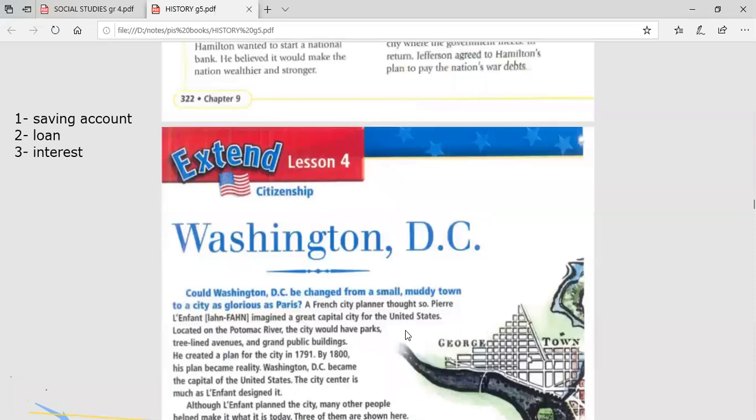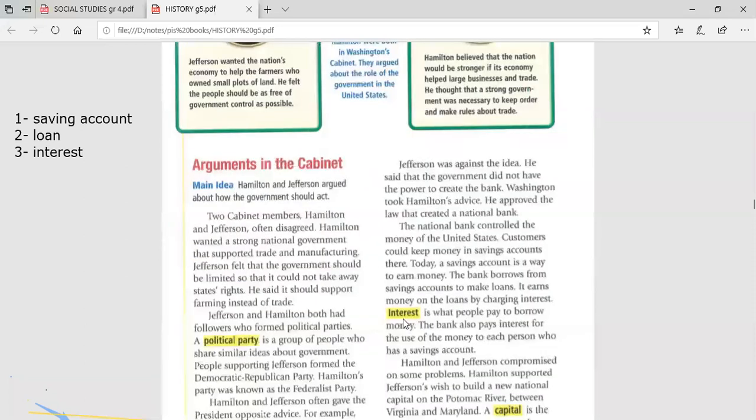Listen, Habibi, I want to say something about the meaning of interest, okay? Interest means what people pay to borrow money, okay? Now, when a person takes a loan from the bank, he gives the bank interest. Interest means he pays back extra money because he borrowed money in the beginning.